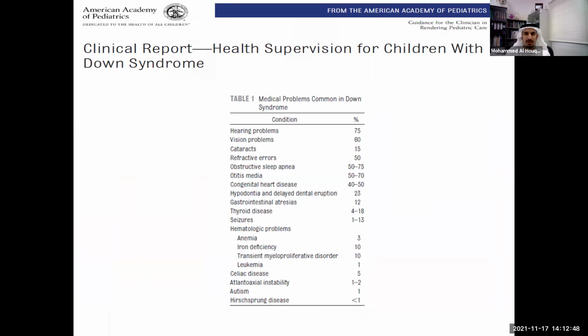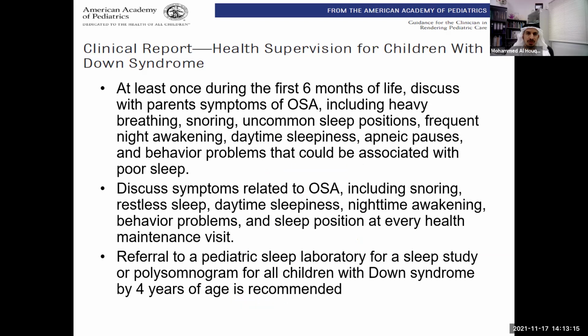Now, patients with Down syndrome overall unfortunately have many medical problems, including hearing problems and vision problems, but we need to remember that obstructive sleep apnea is seen in 50 to 75% of patients with Down syndrome. So it is very important for every physician seeing patients with Down syndrome to ask about symptoms of obstructive sleep apnea at least once every 6 months.